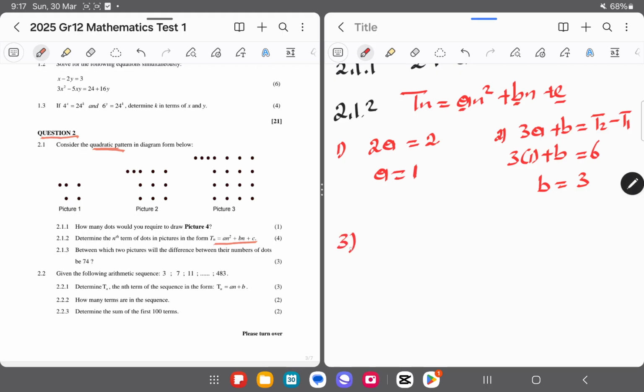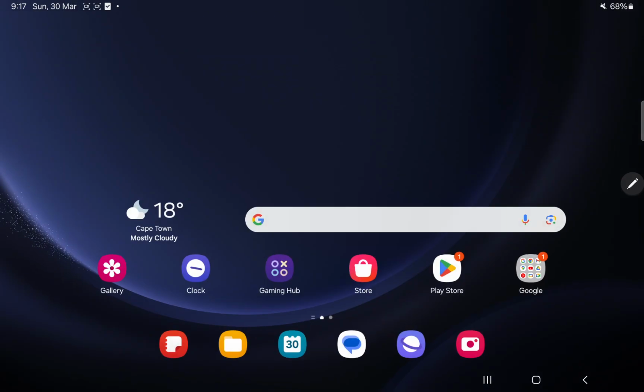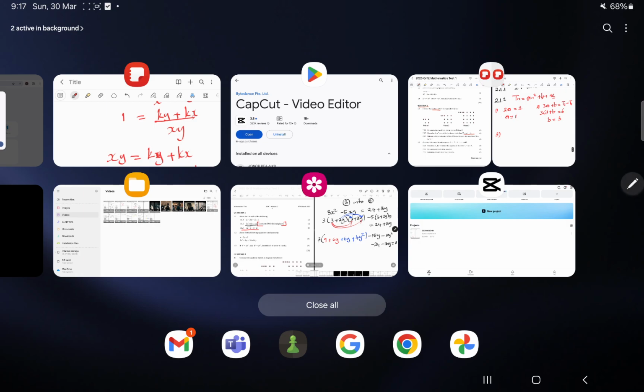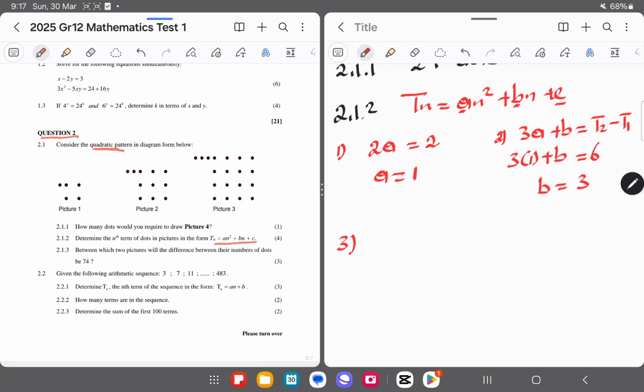And then the last step is to find the value of C. Now for C, we know A plus B plus C is equal to term number 1.